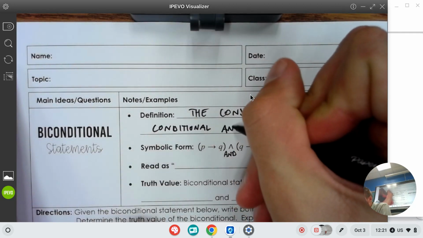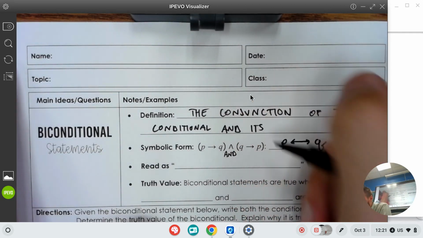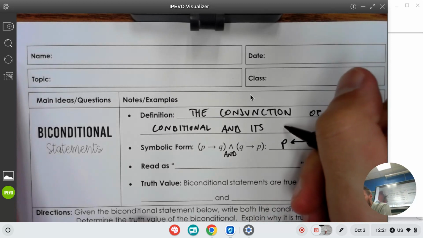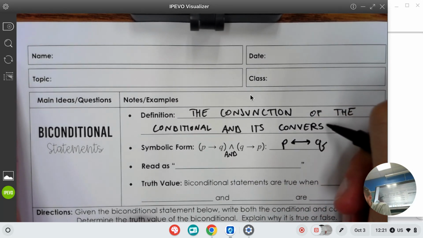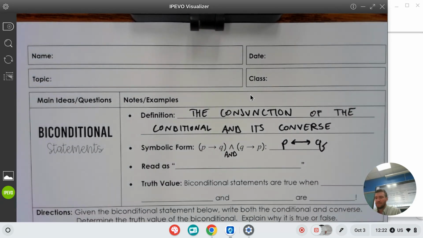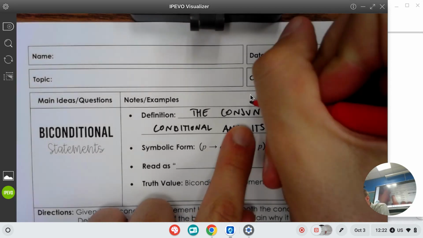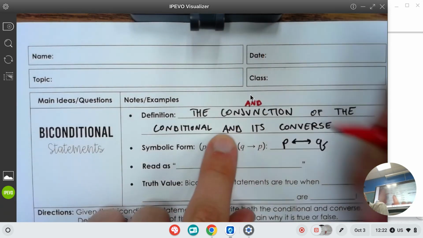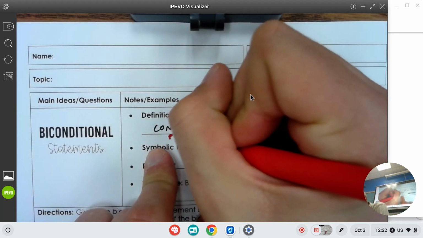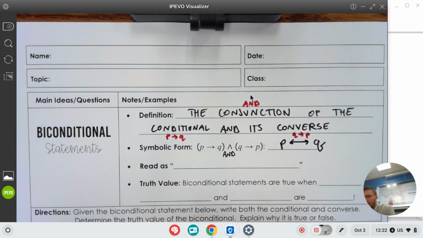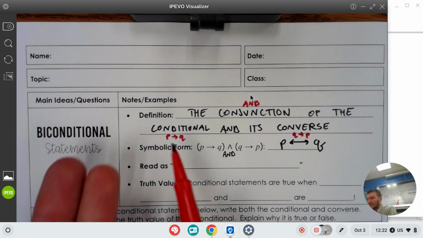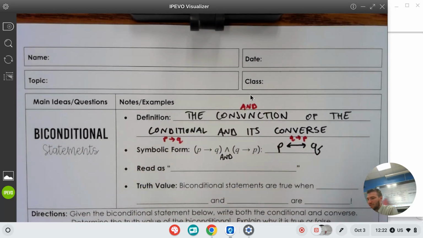And it's the backwards version, and the backwards version is called the converse because we've switched them where Q comes first. So I know that sounds crazy, but again, conjunction just means the word and, conditional just means that P implies Q, and converse just means that Q implies P. So it literally just means the P implies the Q and the Q implies the P.